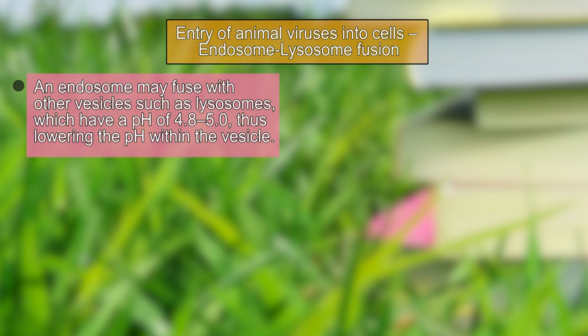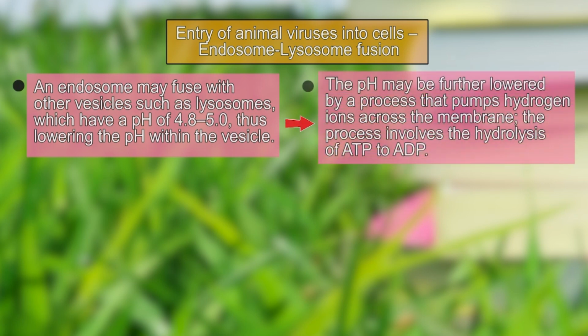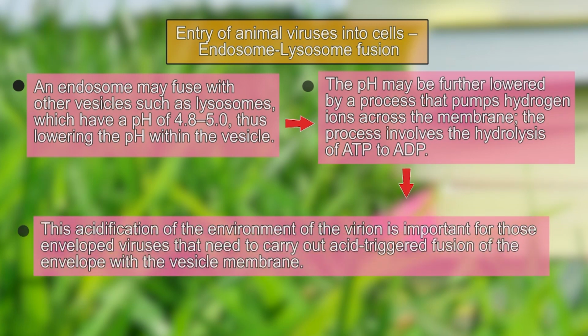This lowers the pH to 4.8 to 5, and this acidification is very important for the fusion of the envelope with the vesicle membrane. There is another transport system, that is the transport of hydrogen ions across the plasma membrane, that also acidifies the virion environment.